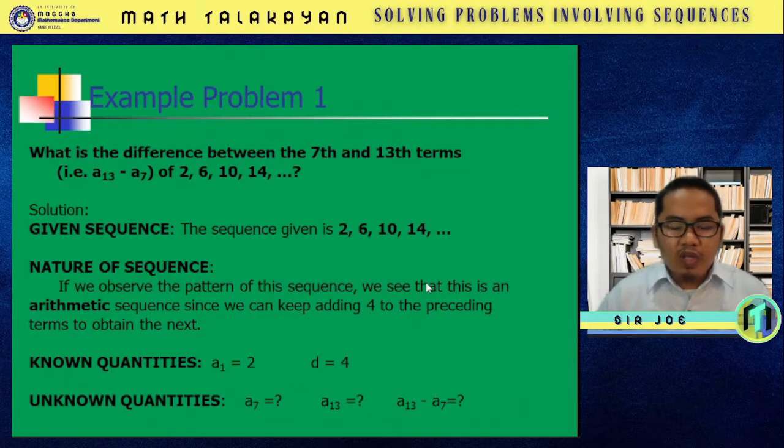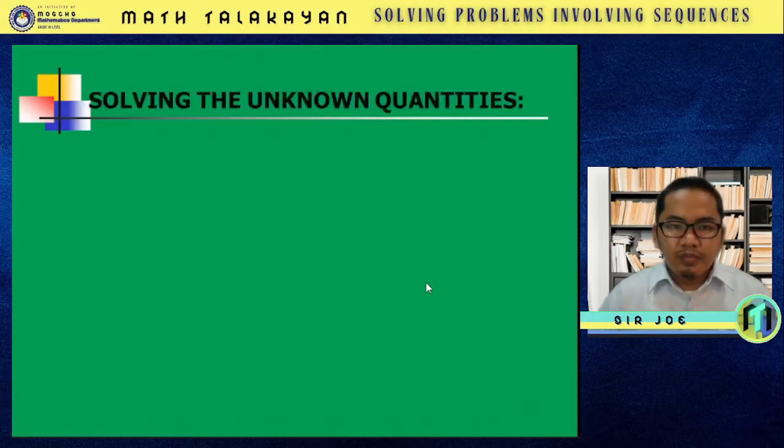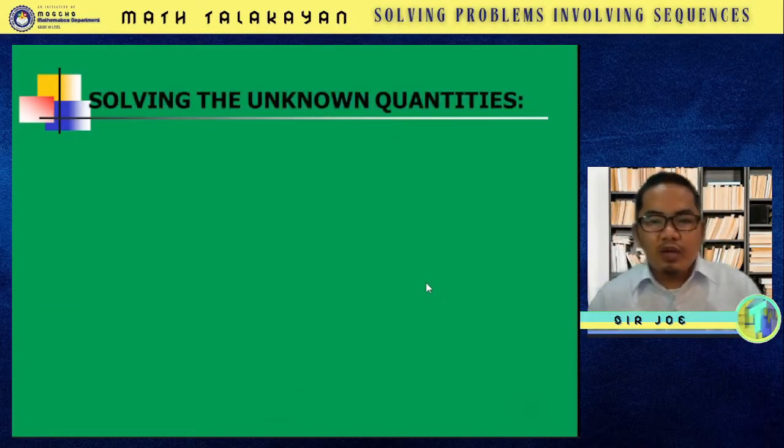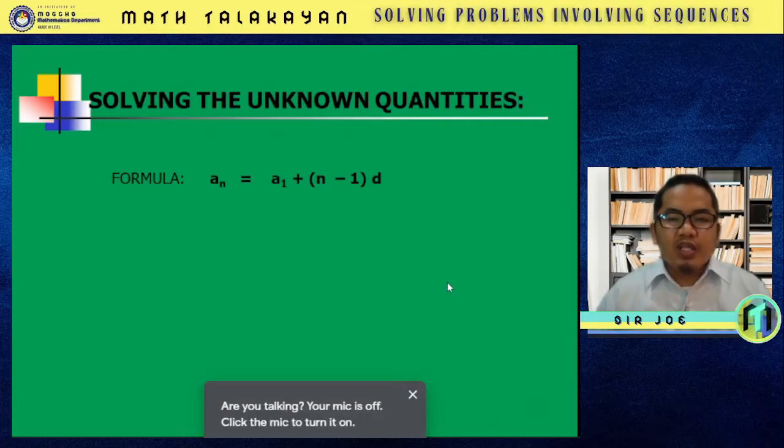We have unknown quantities: the 7th term, the 13th term, and then the 13th term minus the 7th term. For solving the unknown quantities, we have the formula a sub n is equal to a sub 1 plus the quantity of n minus 1 times d.